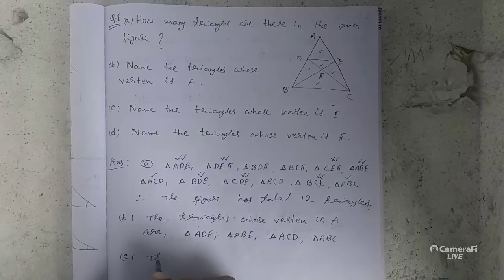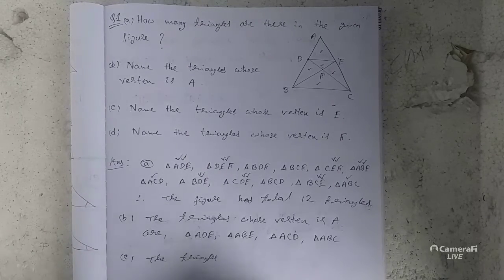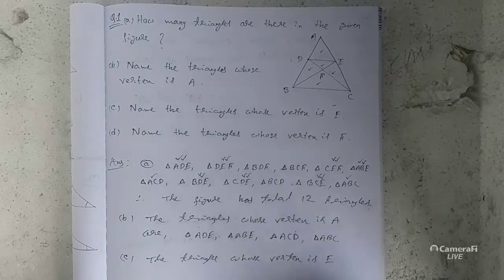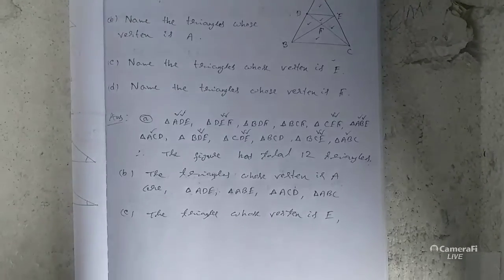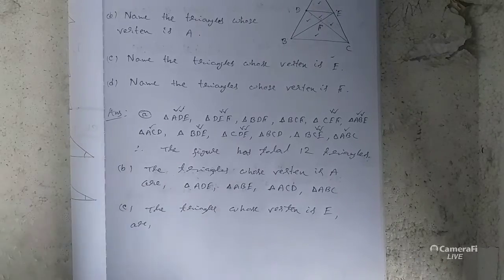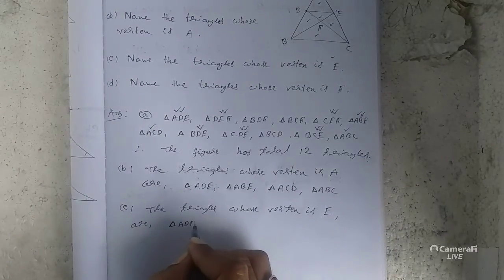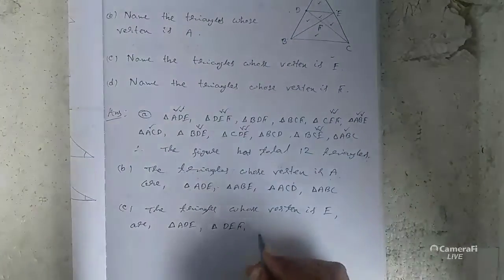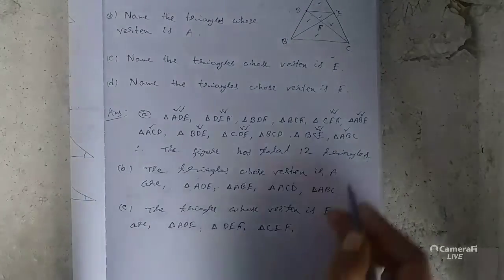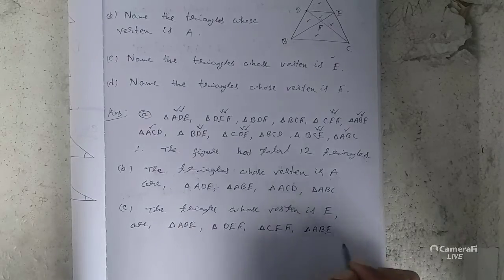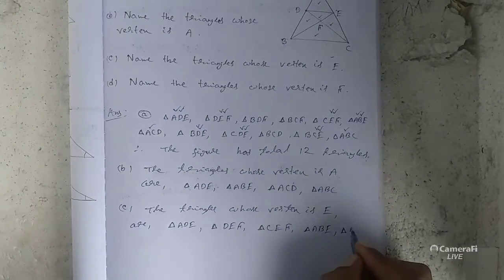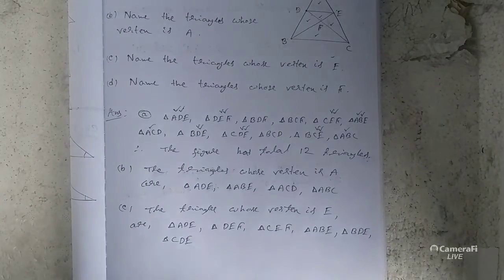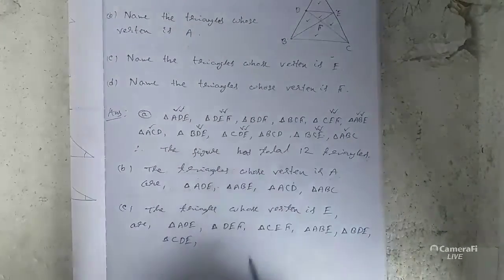Names of the triangles whose vertex is E. These are the triangles: ADE, next DEF, CEF, ABE, BDE, CDE, and BCE.